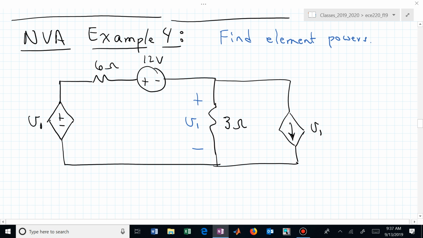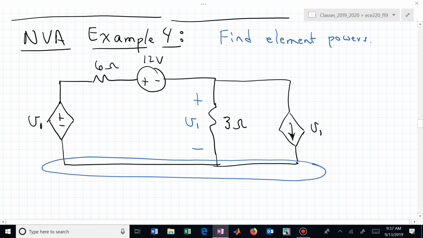Let's find V1. V1 is actually one of our node voltages. Here is an essential node. Here is an essential node. Are there any other essential nodes in that circuit? And if we label this one as our common, now V1 is our node voltage that we need to find.